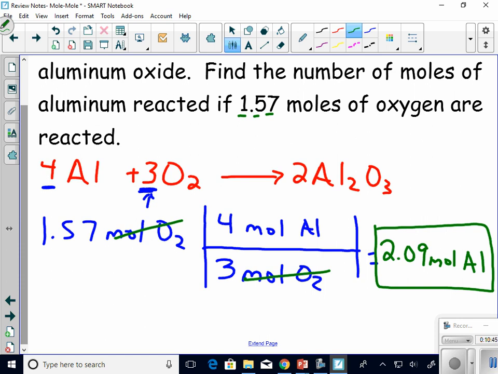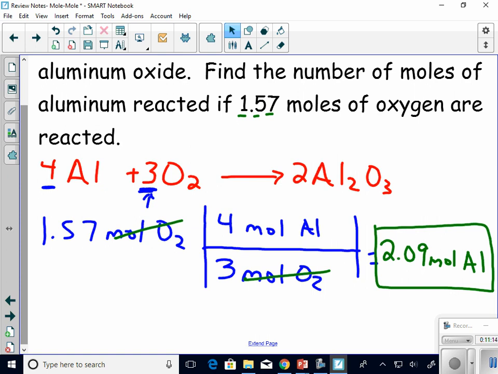So this is telling me if I have 1.57 moles of oxygen to react completely, I need to have 2.09 moles of aluminum to react completely with the 1.57 moles of oxygen.